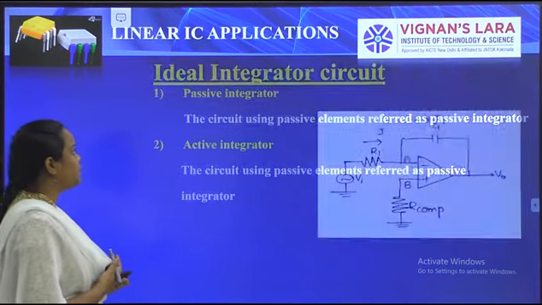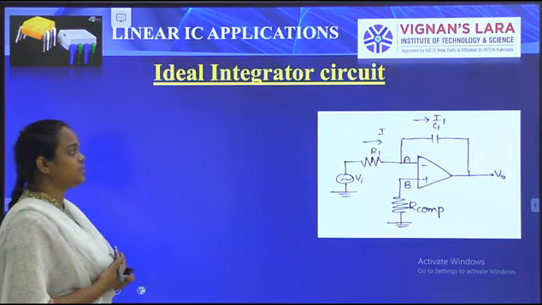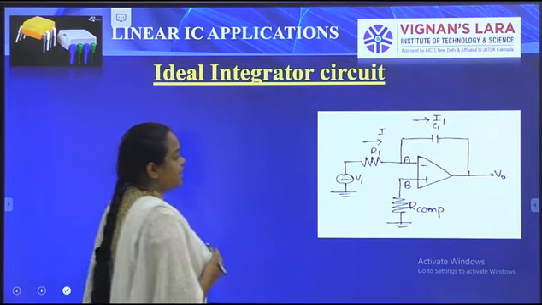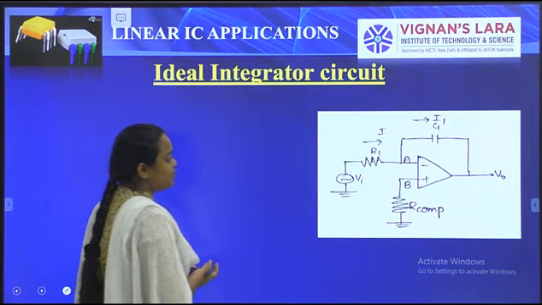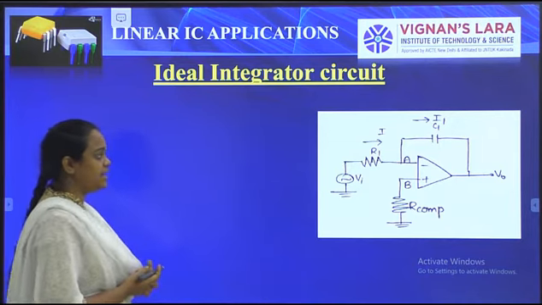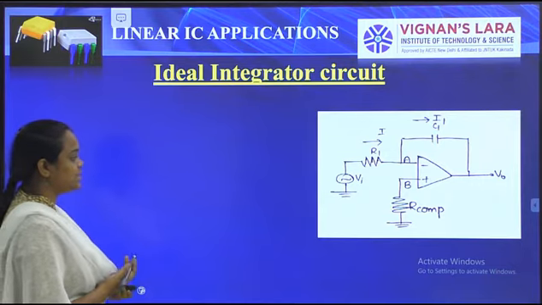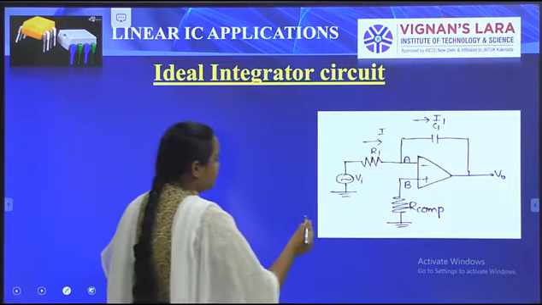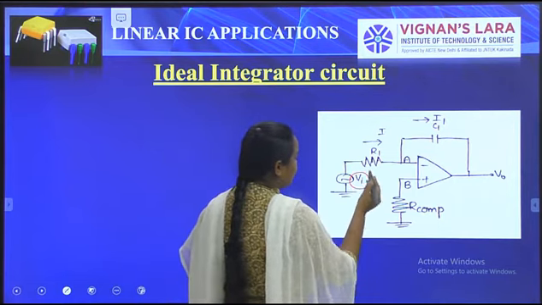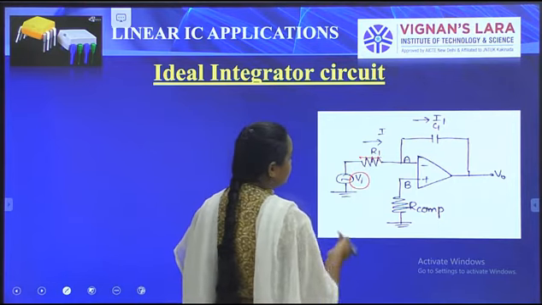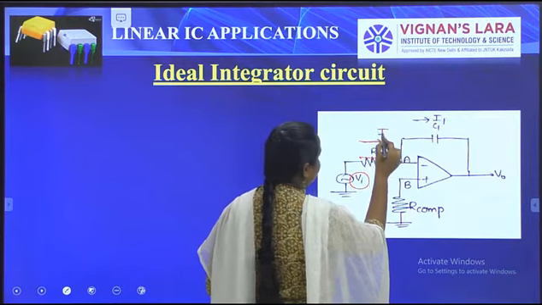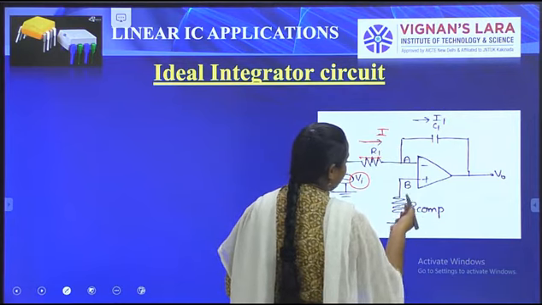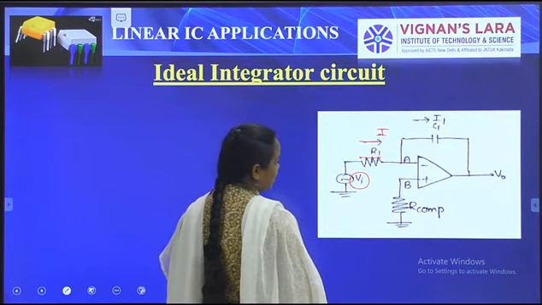Now I am going to derive the ideal integrator circuit and explain the integrator concept using this circuit. Here VI is the input, R1 is the resistor, and the current through R1 is I. A is the node at the inverting terminal, and B is the node at the non-inverting terminal.